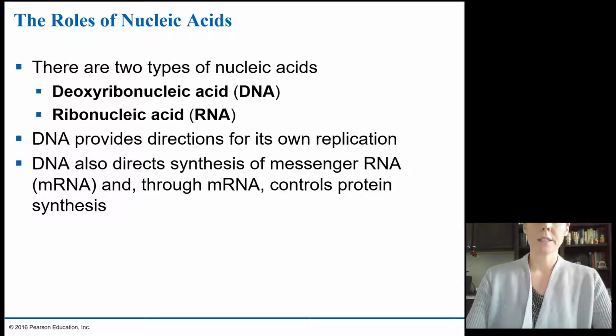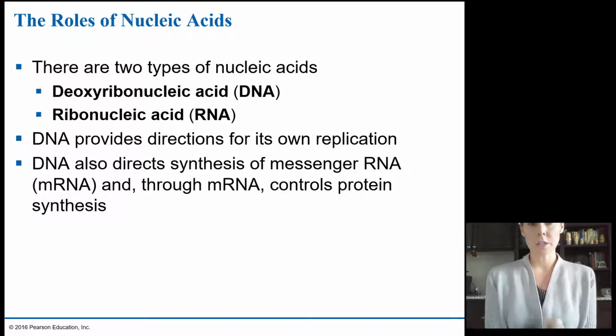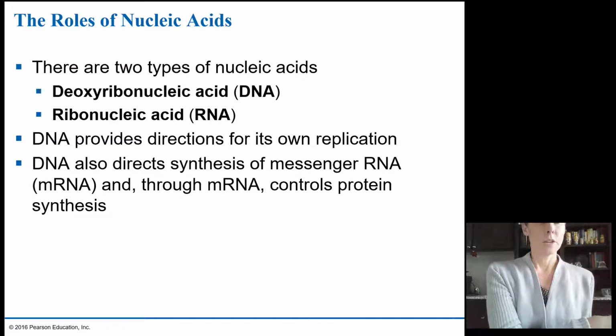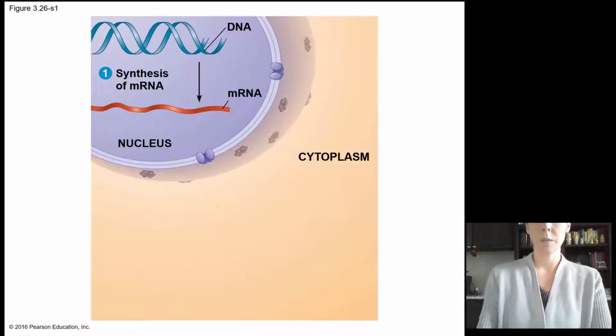DNA provides directions for its own replication, and DNA also directs the synthesis of messenger RNA, and messenger RNA controls protein synthesis. So DNA gives the information to the messenger RNA. Messenger RNA leaves the nucleus and goes and makes a protein, telling the protein what to be made.